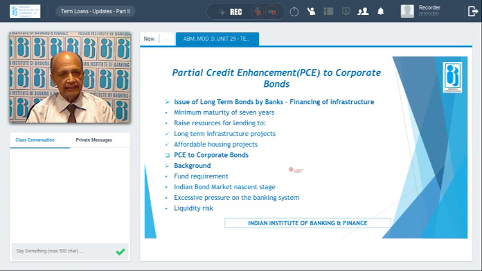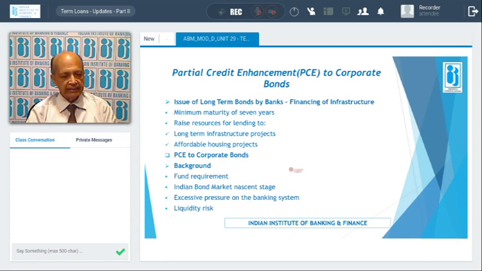So in that case, infrastructure financing projects will go for the issuance of corporate bonds. This can be issued by the infrastructure project to meet the outlay and the requirement of the project.